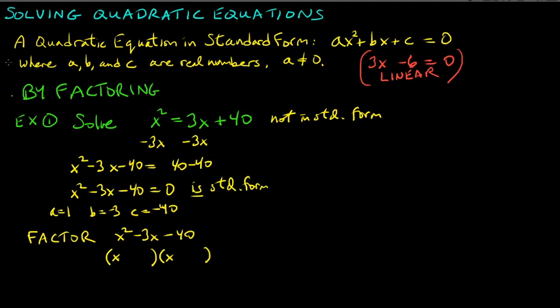So let's write them out if it's not obvious. We have negative 40. We can do 1 times negative 40, or negative 1 times positive 40. But when you get the sum, you get positive 39, which is not right. We're looking for b, negative 3 here.